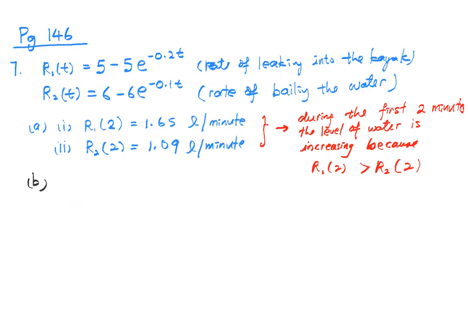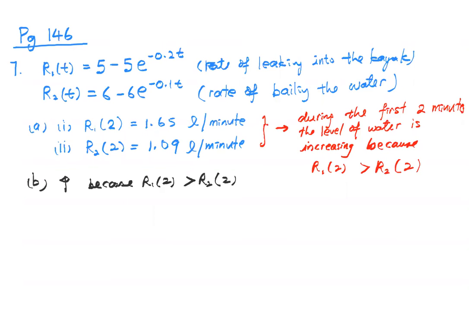So after 2 minutes, the water in the kayak is increasing because R1(2) is greater than R2(2). So the first 2 minutes and also after 2 minutes is the same thing. After 2 minutes, that means you just look at the 2 minutes.